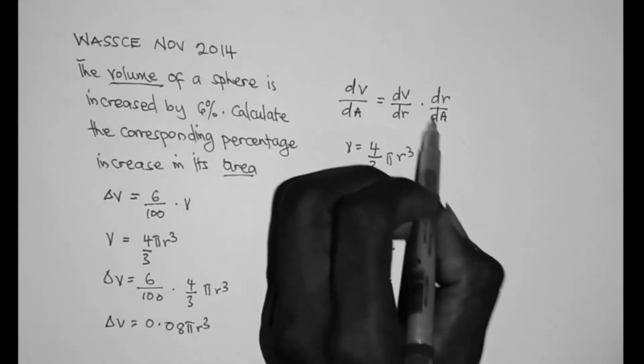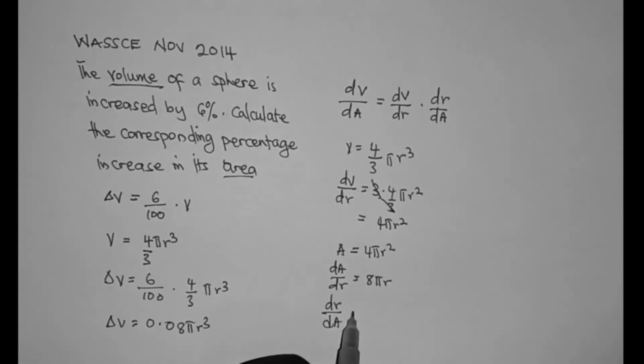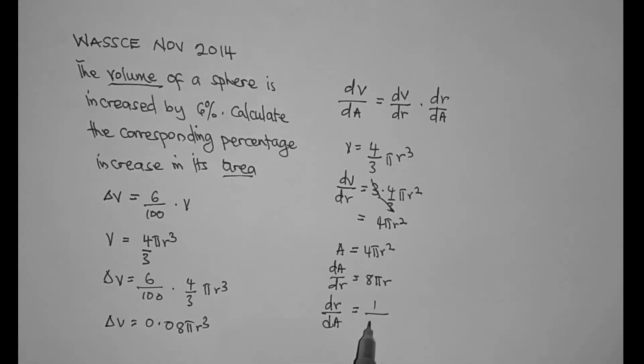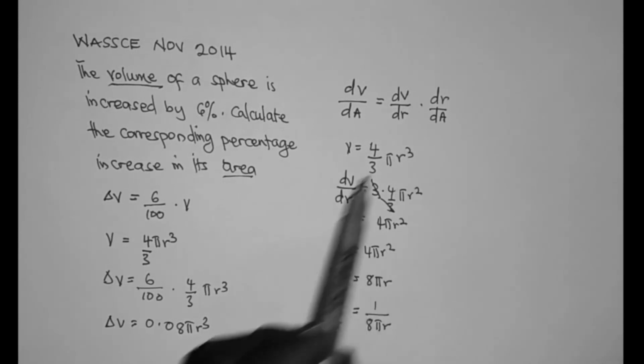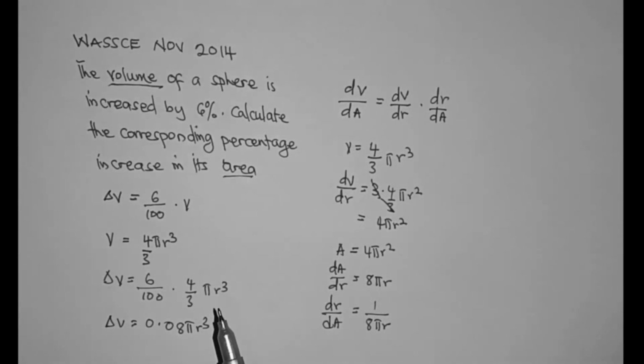But in the question we are looking for dr/dA. So dr/dA is just going to be 1 over 8 pi r. So we found dV/dr and we've also found dr/dA. So we can go ahead and find dV/dA.